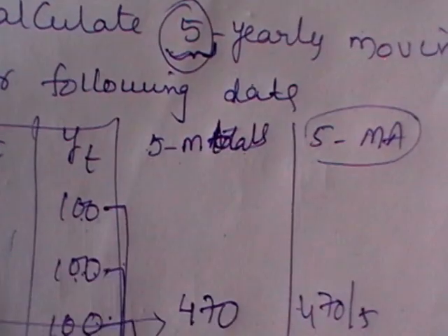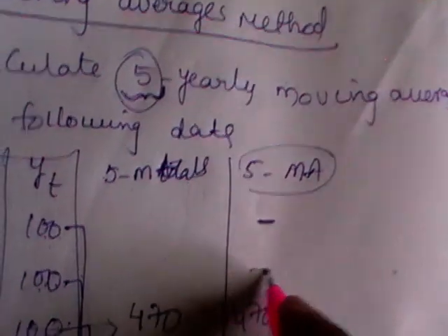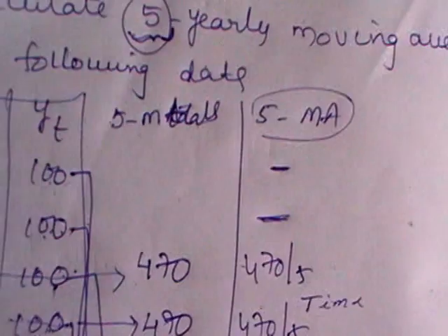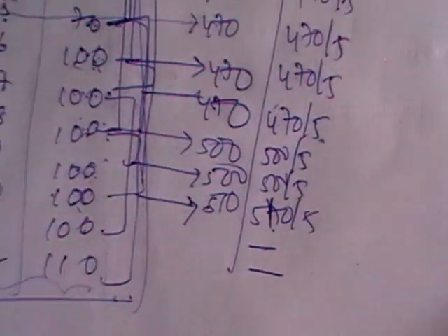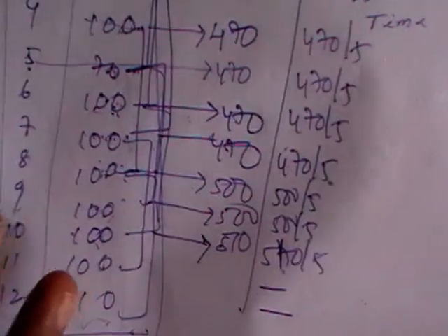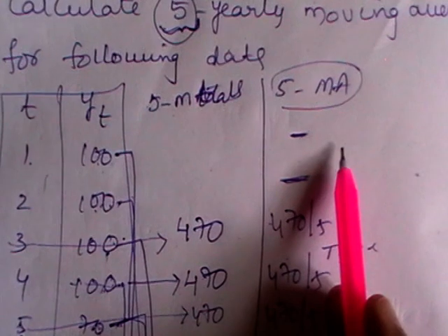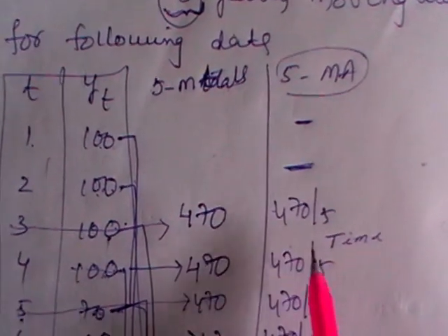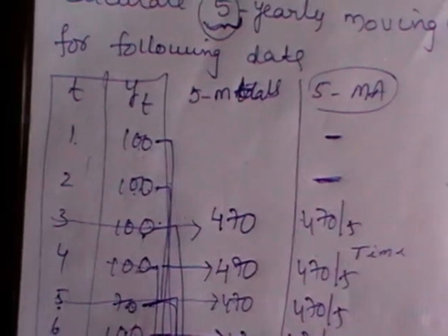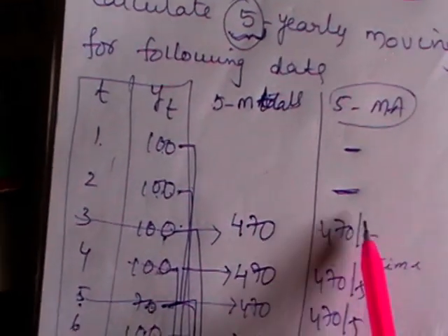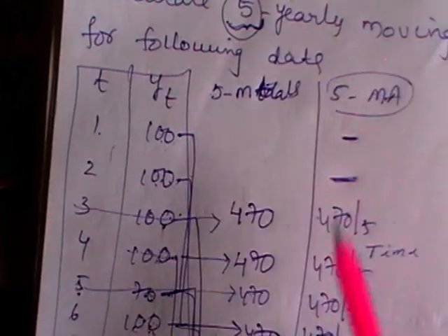Here with 12 observations, you don't have moving averages for the first 2 observations and the last 2 observations. Whatever values you get as moving averages are called the trend values. Those trend values are available only for some of the time periods, and unavailable for some of the starting periods or ending periods.